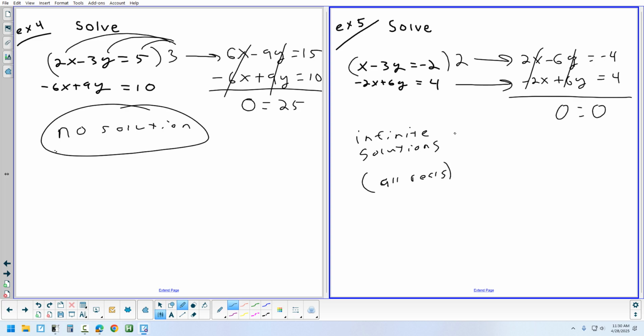Everyone understand the difference between those two things? What's the difference between saying there's an infinite amount of solutions and all real numbers? Well, they're answering different questions. This is a how many question.